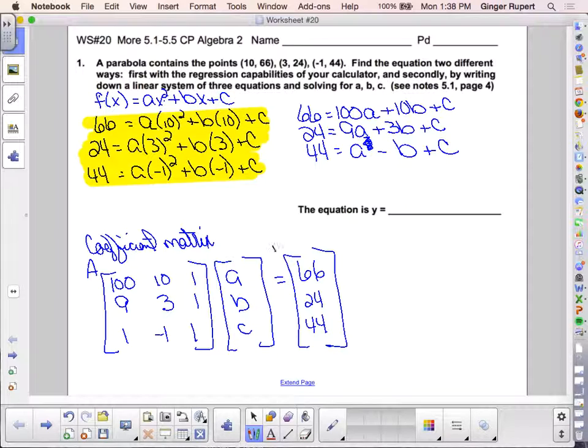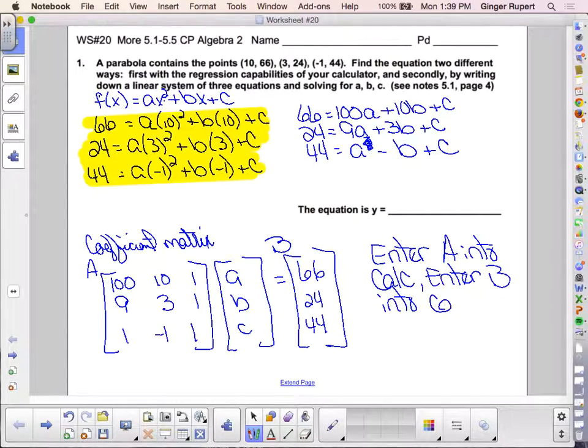At this point, you're going to enter matrix A into your calculator, enter B, and then you should get matrix A. Remember, it'll look like this when you call it up on your calculator, inverse times matrix B. And then you should get the answers on your screen.